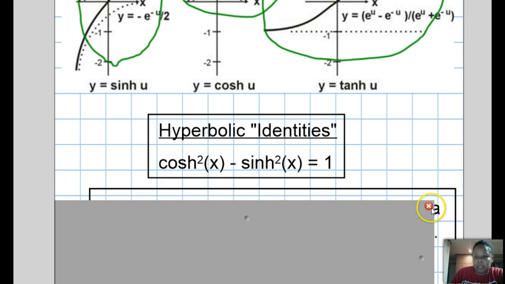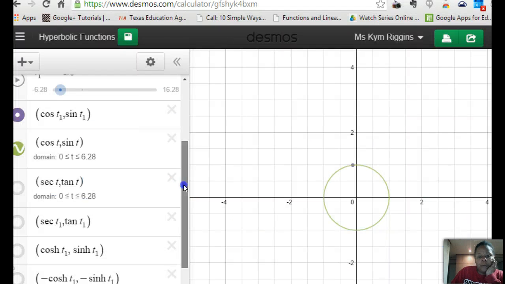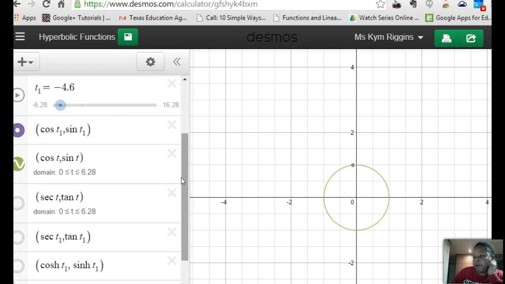So let's take a look at why they're related to sine and cosine, and why we call them hyperbolic cosine and hyperbolic sine. Well, if you remember, a way to parameterize a circle is using the relationship between cosine and sine. And as t changes, the x and y values of this function also change. And we use cosine and sine to parameterize this circle.